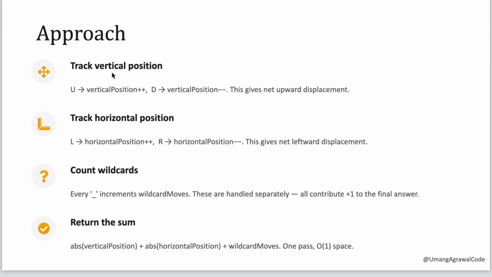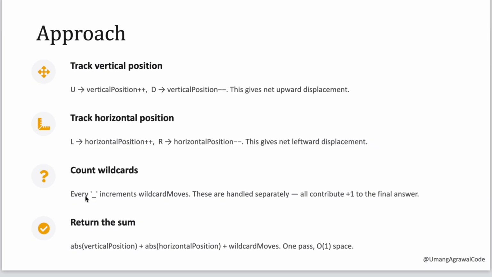So we are going to take two positions, vertical and horizontal, and we are going to increase or decrease the value according to up or down or left and right. You can take the opposite, you can take down as plus and up as negative. It doesn't matter because at the end we are going to take the absolute value.